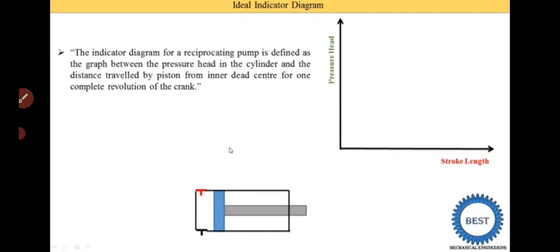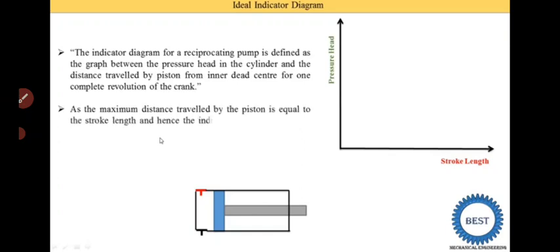The maximum distance traveled by the piston is equal to the stroke length, and the indicator diagram is the graph between pressure head and stroke length. In some books, instead of stroke length, they write distance traveled. Here we write stroke length because it is the maximum distance traveled by the piston.